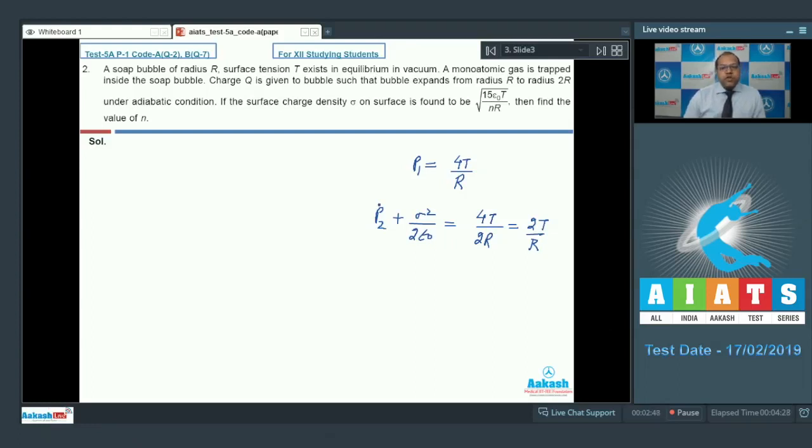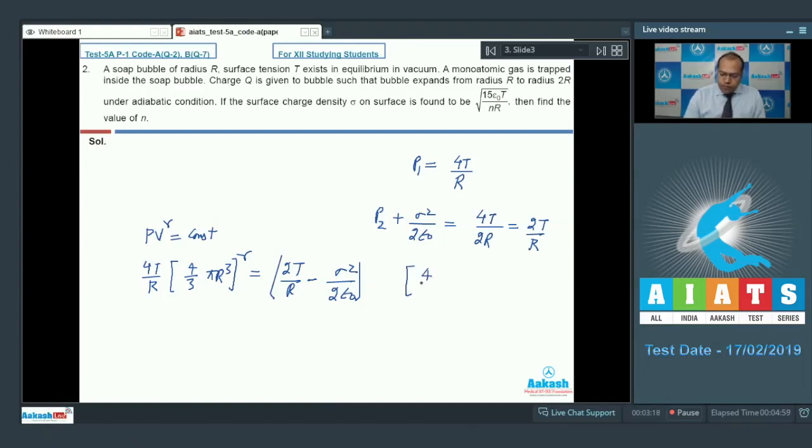We know that the expansion of the bubble occurs under adiabatic conditions, so we can write PV to the power gamma is equal to constant. From here, P1 is 4T by r, initial volume is 4 by 3 pi r cube, raised to the power gamma, is equal to the final pressure, 2T by r minus sigma squared divided by 2 epsilon naught, into the final volume. The final volume is 4 by 3 pi (2r) cube.